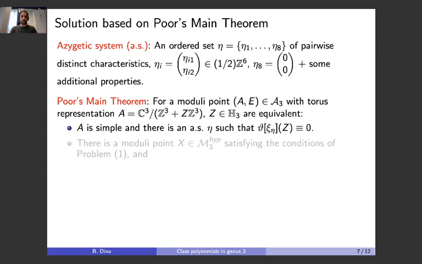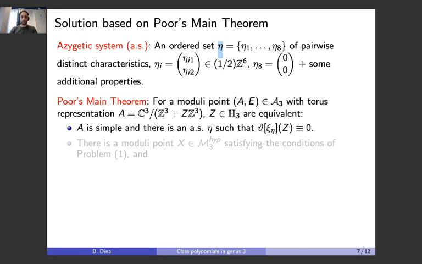Given an azygetic system, which corresponds to an ordered 8-tuple of distinct characteristics, where the last one corresponds to 0, plus some additional properties which we state in our paper, the interpretation of these additional properties is that this set eta reduced modulo 2 will generate the whole set of two-torsion points on the abelian variety as an F2-module. Coble's theorem: pick a moduli point A in A3.